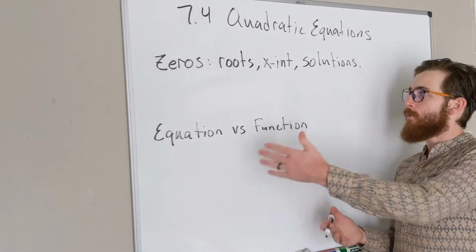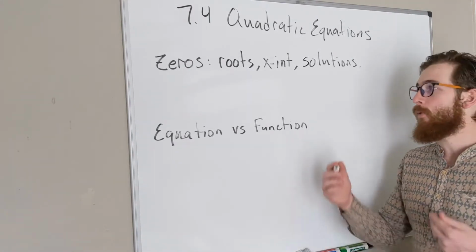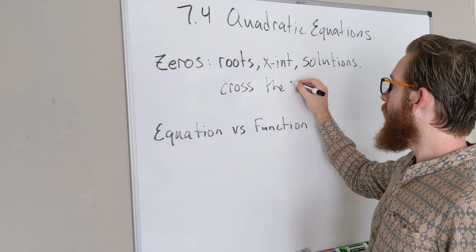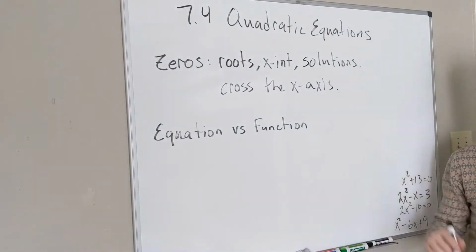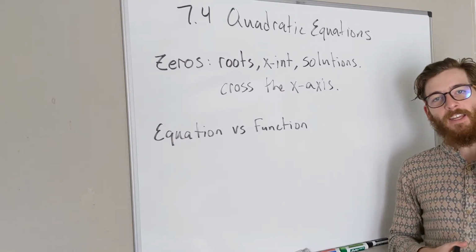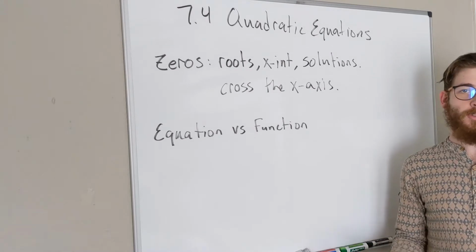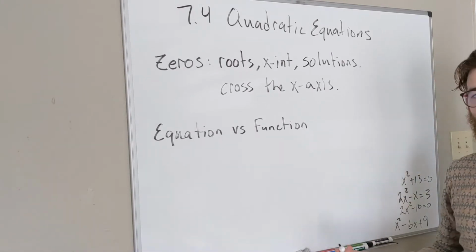Solutions, zeros, roots, x-intercepts simply mean where the graph crosses the x-axis. That's what we're looking for. Where does the graph cross the x-axis? That point or points is going to be our zeros or solutions. And that's it.